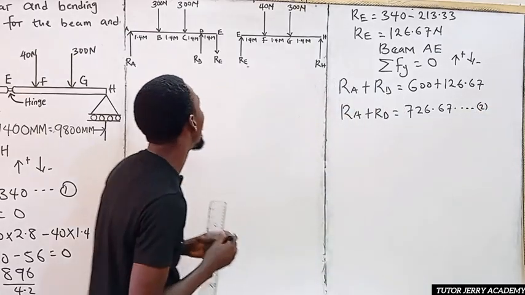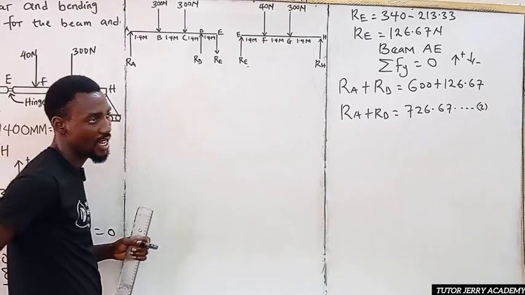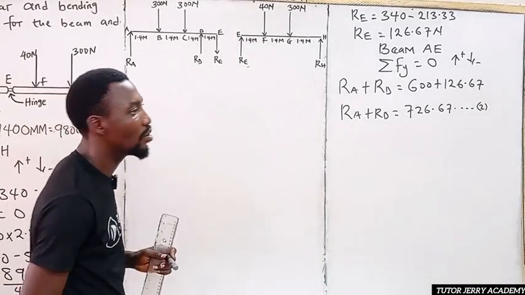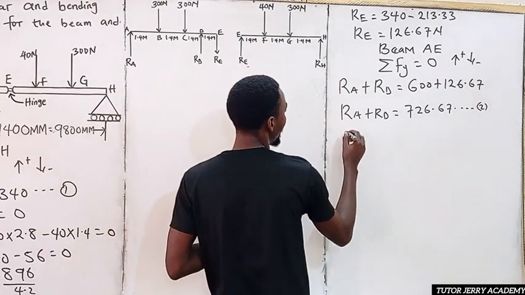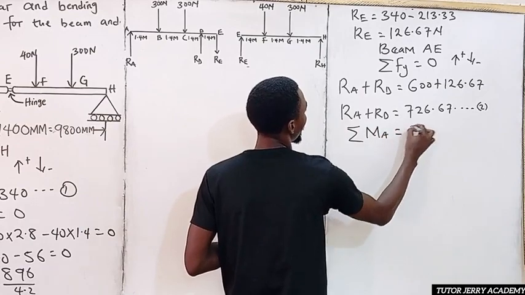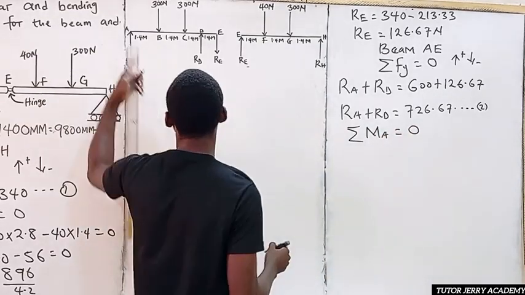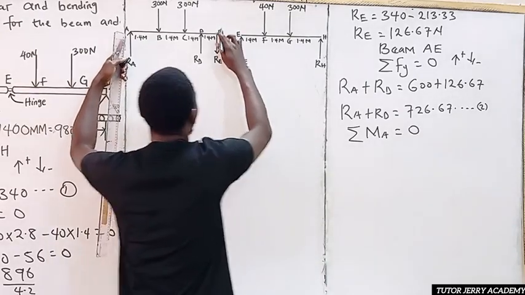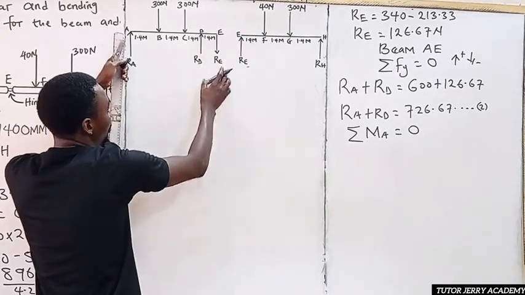All right, so the next thing is we are going to take our moment about point A. So the summation of moment about point A is equal to 0. If we stand at this point, this first one here, don't forget this is a downward force, so it's going to be negative.